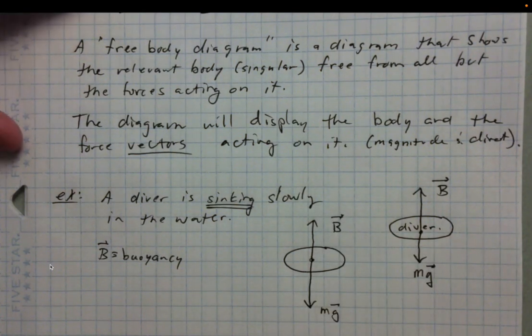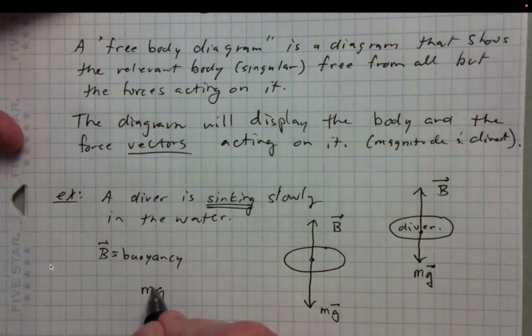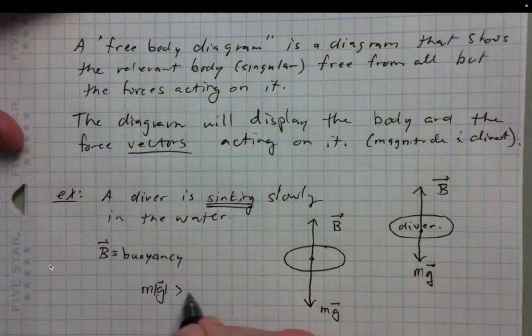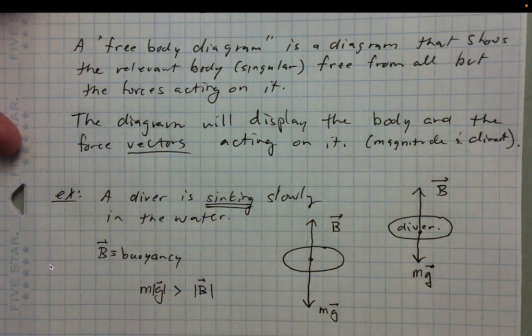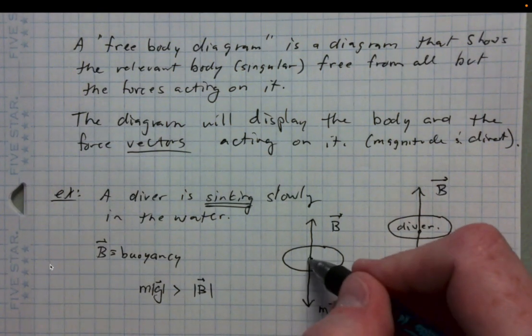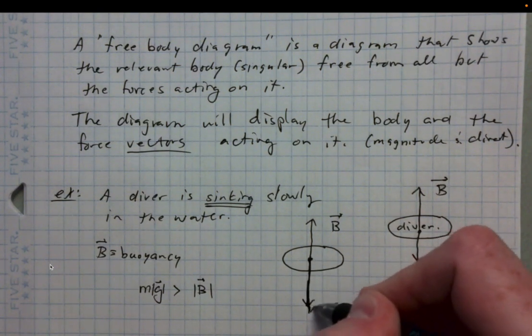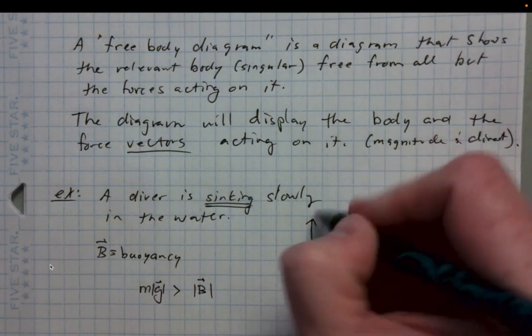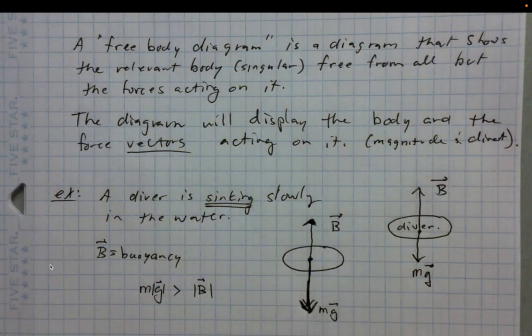Right? So specifically mg would be greater than b if the diver's sinking. Right? So I guess that's not great. This one, something to make it really clear that the buoyancy vector is shorter than the mg vector.